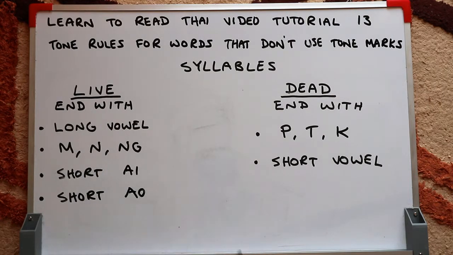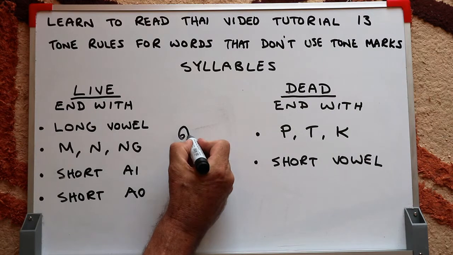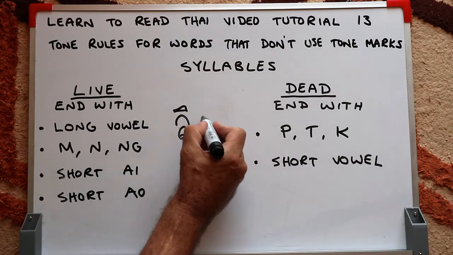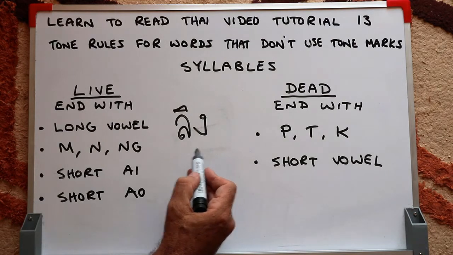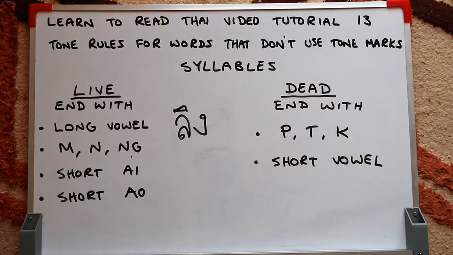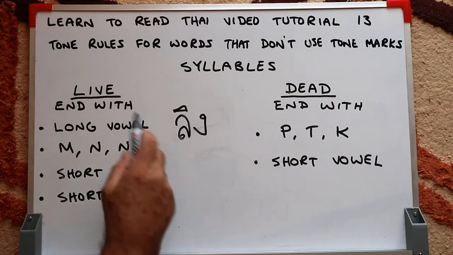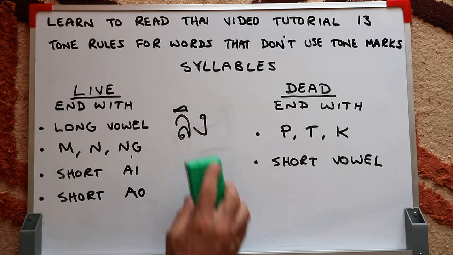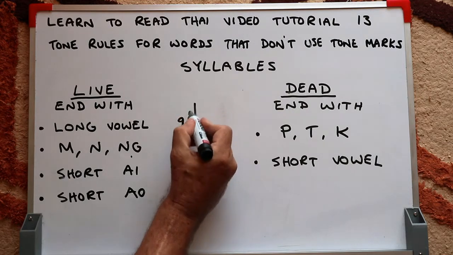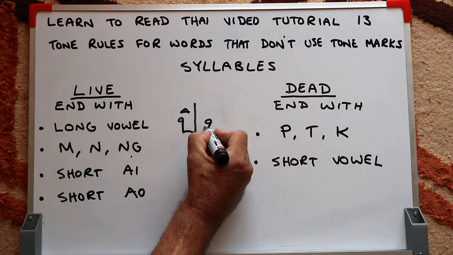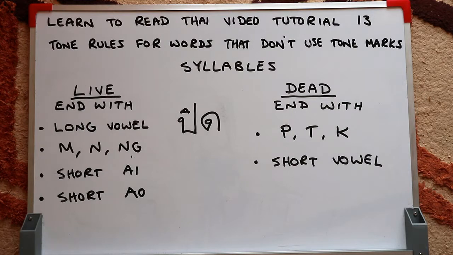I'm going to write the Thai word for monkey. Okay, so this one ends with an NG sound. Ling. And if I try to continue voicing that word, ling, I can. Okay, so it's live. Let's write another word. This is the Thai word for close or closed.